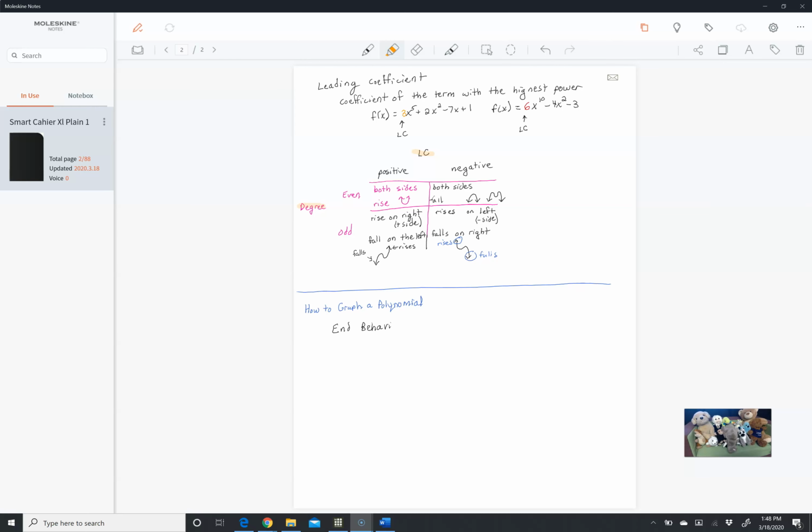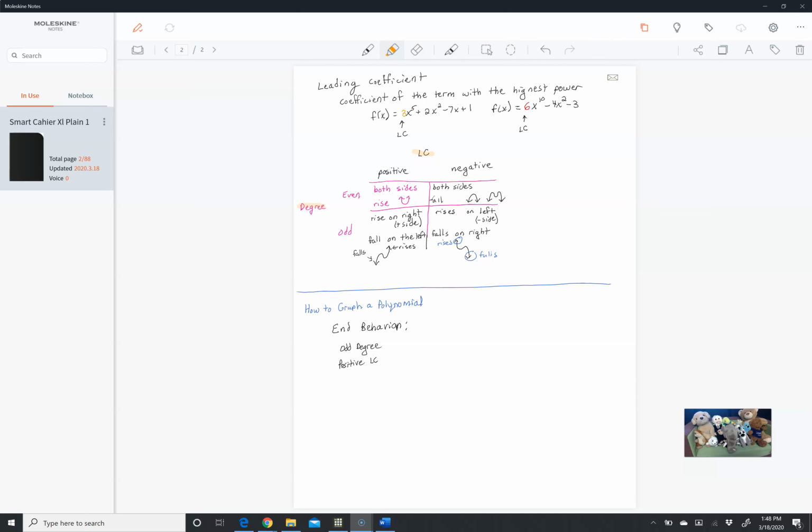So you can see the notes from the last lecture. So end behavior, if we have odd degree, and a positive leading coefficient. Okay.